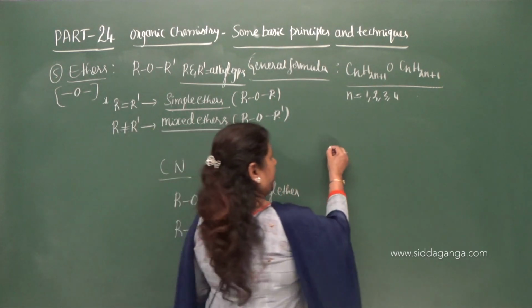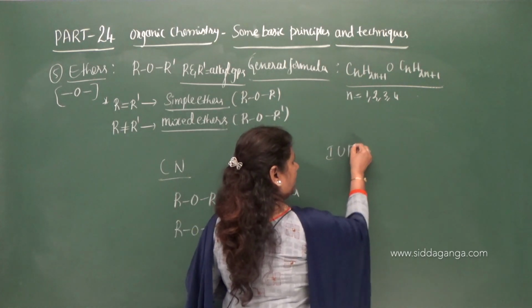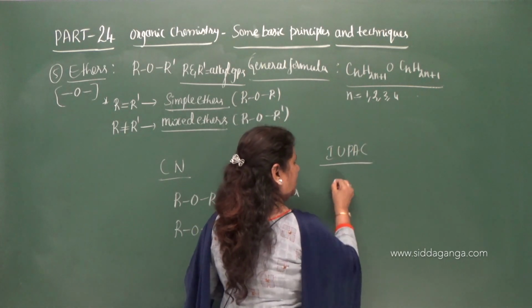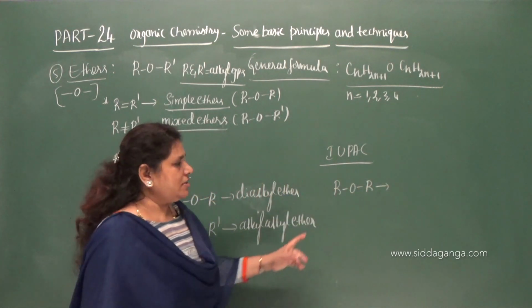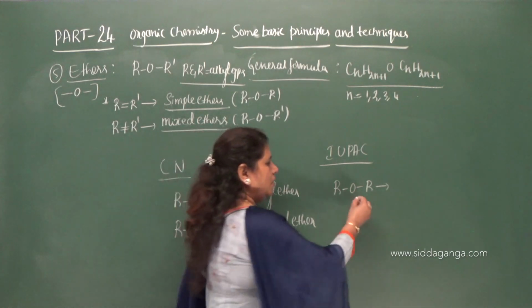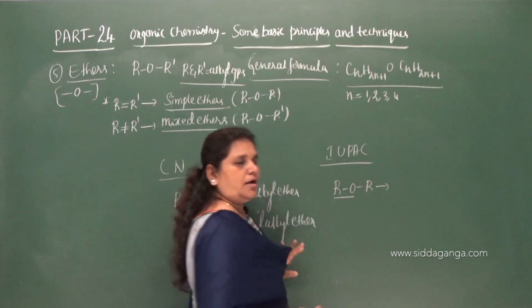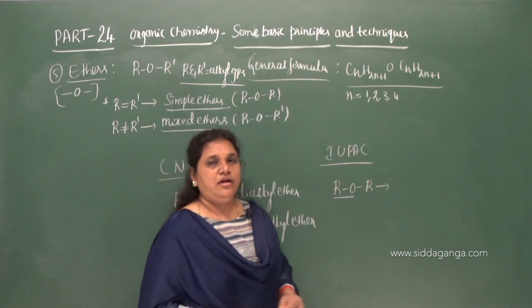So what is the IUPAC name? For the IUPAC name of a simple ether ROR, since both the alkyl groups are the same, you have to take one of the alkyl groups along with the oxygen.